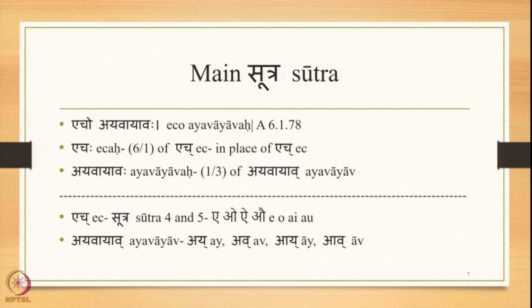And ayavayav has got 4 substitutes, Aya, Av, Ay and Av. Achi is continued, and so Echoyavayavaha means immediately before ach, that is a vowel, ech is substituted by Aya, Av, Ay and Av respectively.